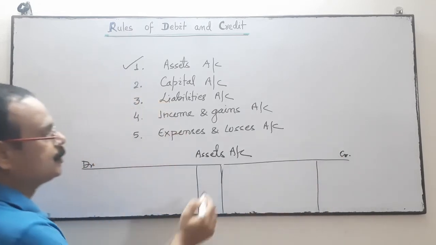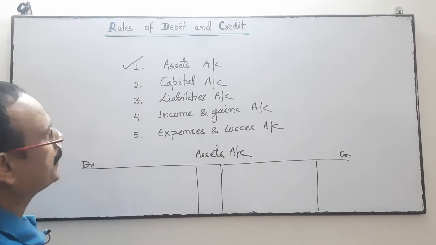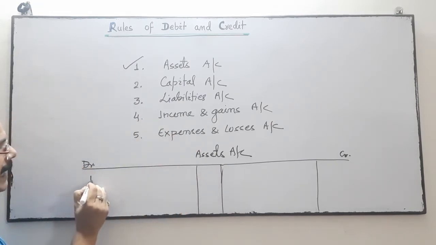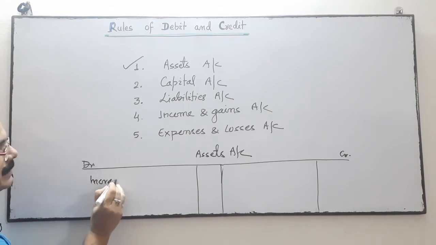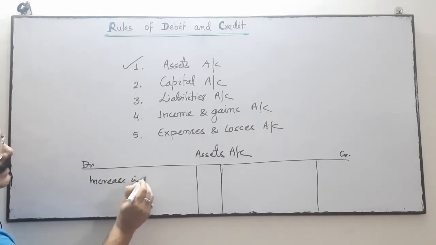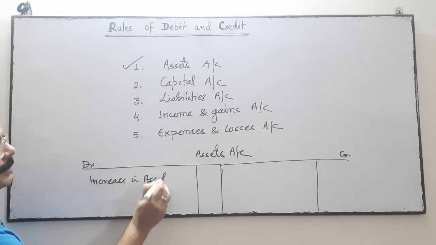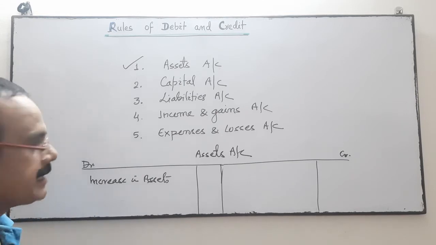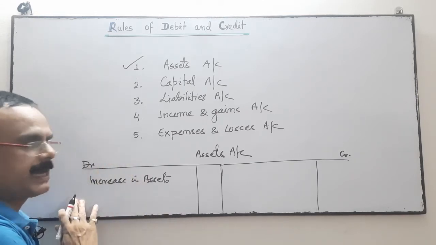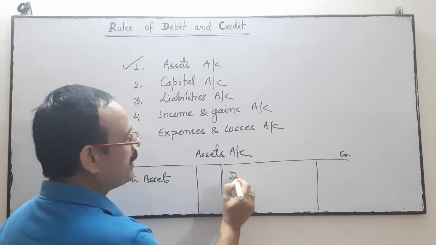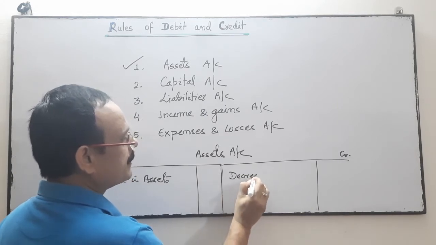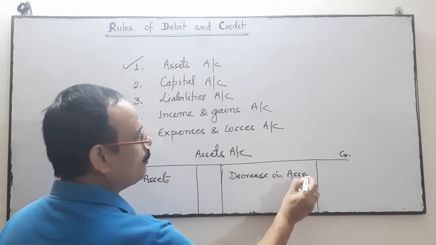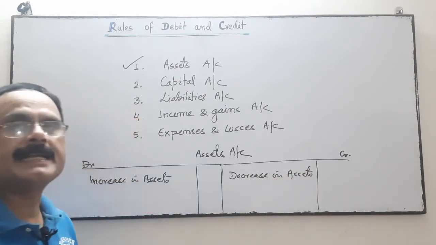So the rules of debit and credit for assets: an increase in assets will be shown on the debit side, and a decrease in assets, vice versa, will be shown on the credit side.